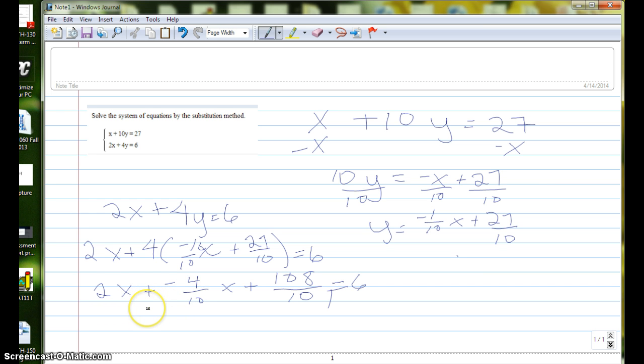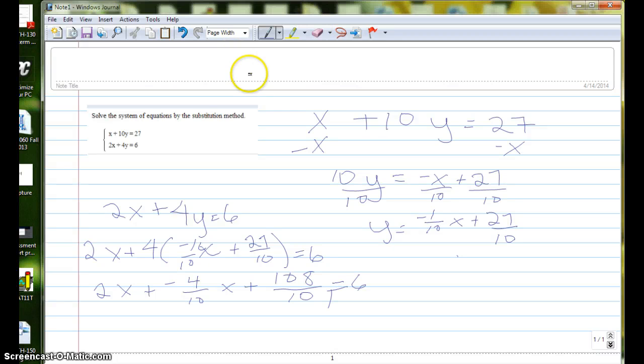If we add 2 and negative 4 over 10, sorry, I'm just getting my calculator out. You can do it by hand too, but 2 plus negative 4 over 10, if we get that back as a fraction, that's 8/5.